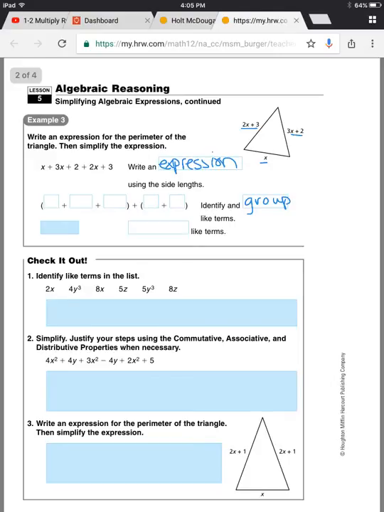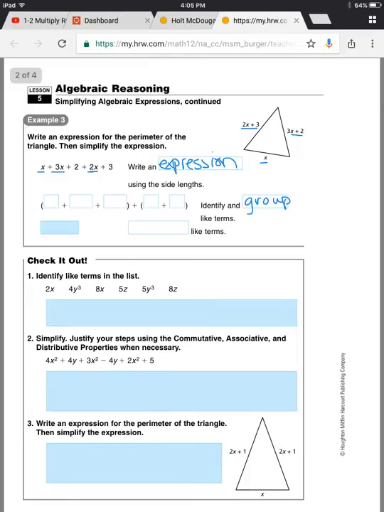Okay, so first let's look at our terms that have a variable. This has a variable, this term has a variable, this term has a variable. Different coefficients, okay. They all have the same variable of x, and they all have the same exponent.